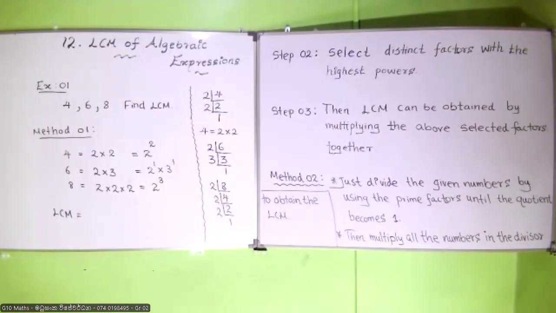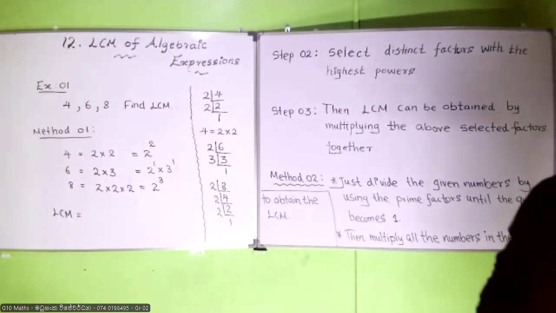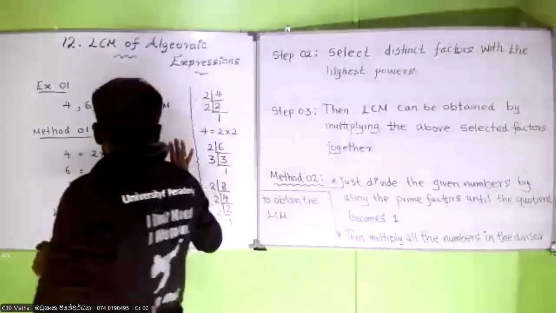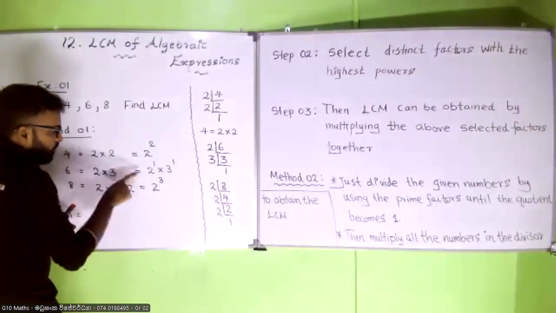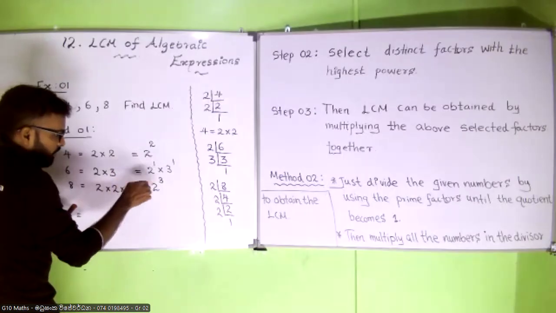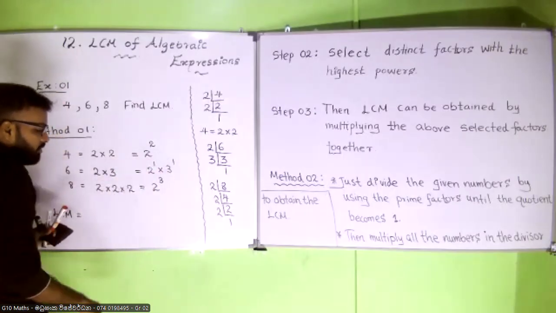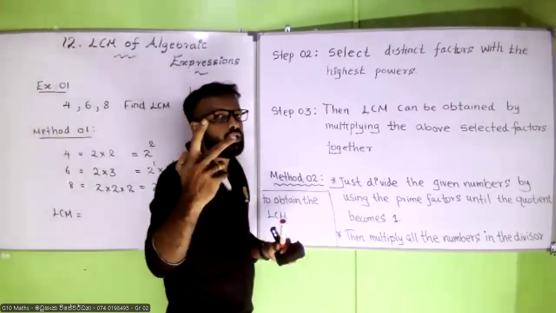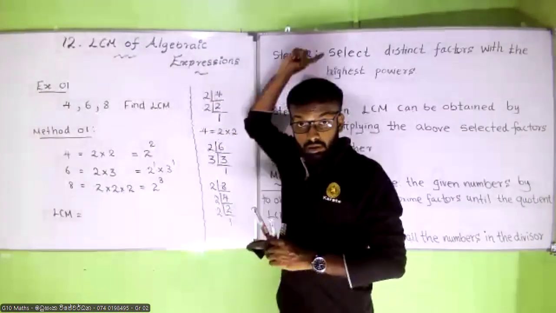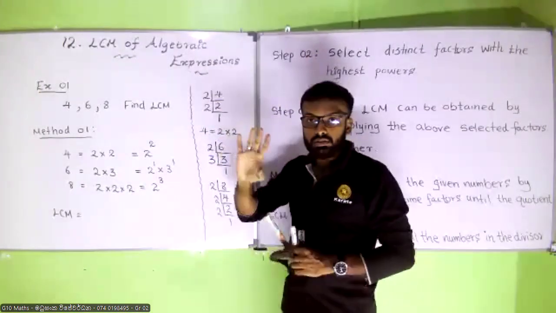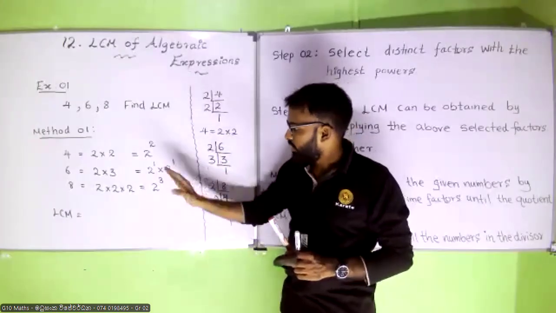We only have 2 numbers here: we have 2 and we have 3. So there are 2 distinct factors you can identify here. According to step number 2, the 2 different factors are 2 and 3.